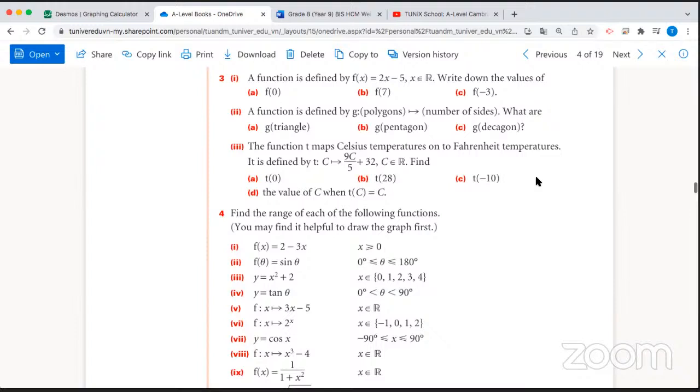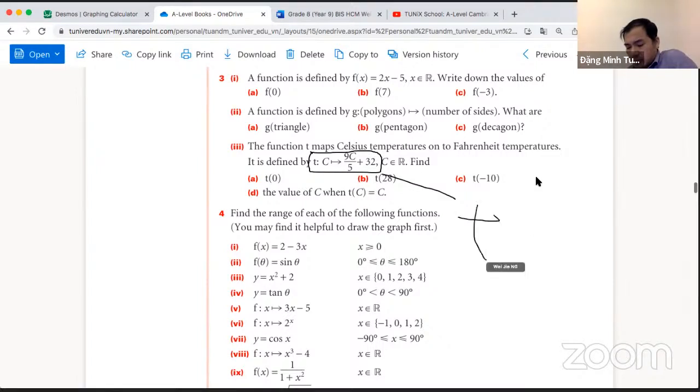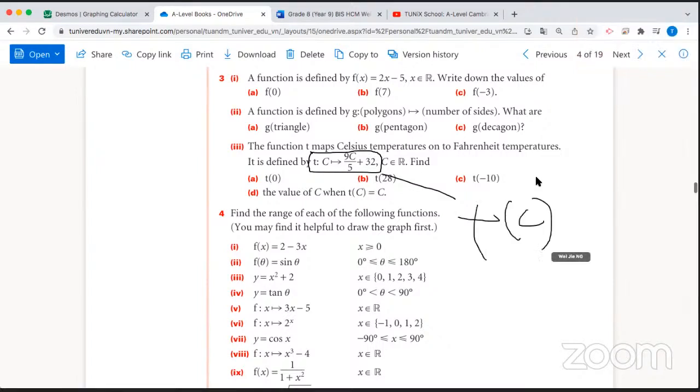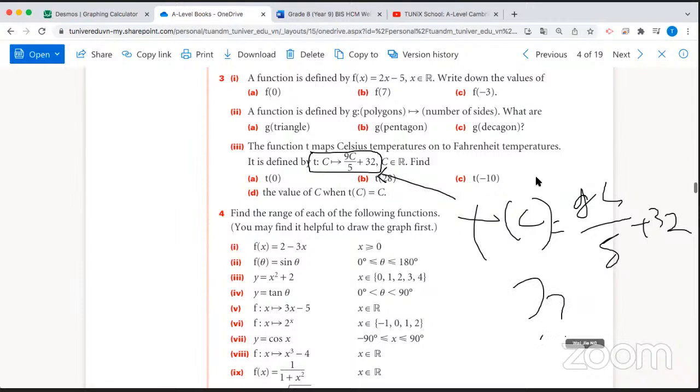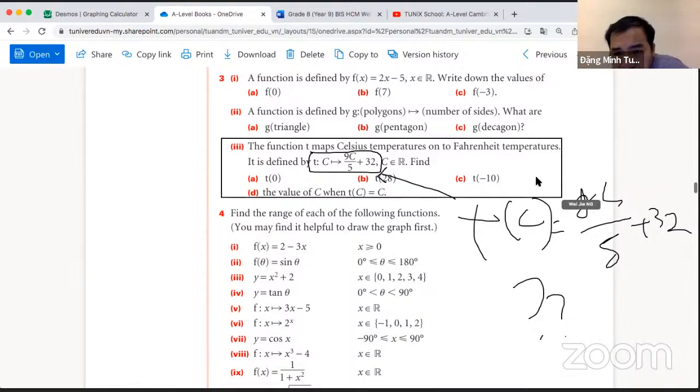Is this technically just saying T(C) equals 9C over 5 plus 32? Yeah, number 3 just means T(C) equals 9C over 5 plus 32. It's just rewritten.